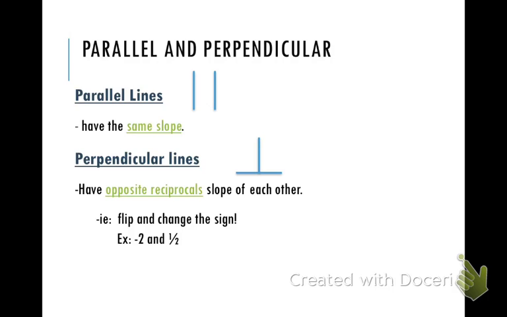So for it to be perpendicular, you better have one positive and one negative, and it better be reciprocals of each other. If both are positive or both are negative, and it's a reciprocal of each other, it's not perpendicular. Signs have to be opposite, and you have to be able to flip your fraction or your value using its reciprocal.